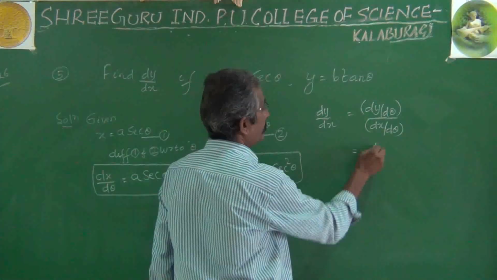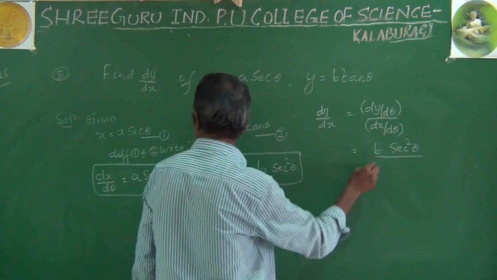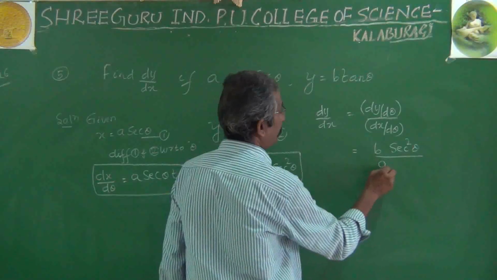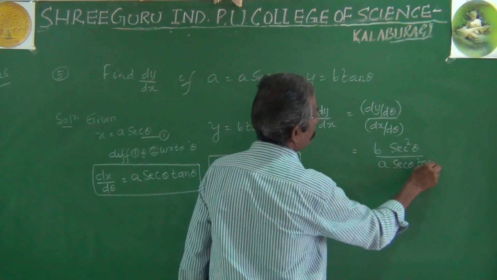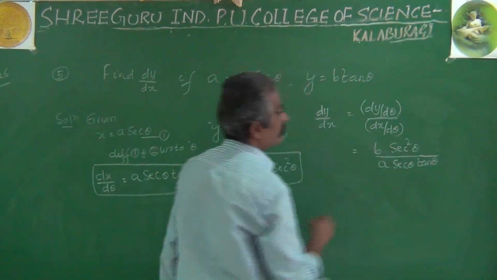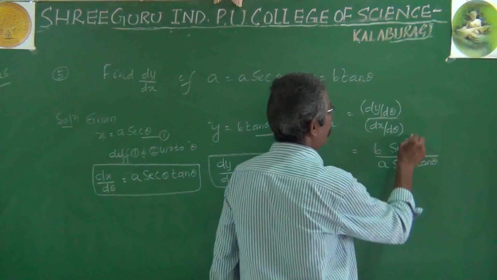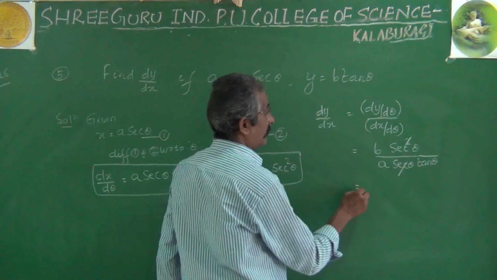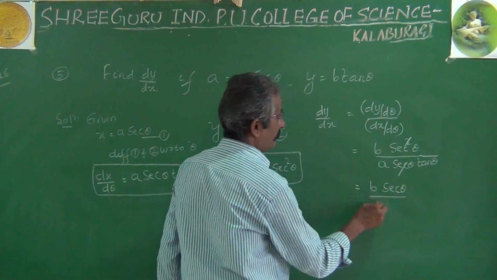What it becomes is b secant square theta divided by a secant theta into tan theta. Now in the process, secant theta cancels. Left is b secant theta by a tan theta.